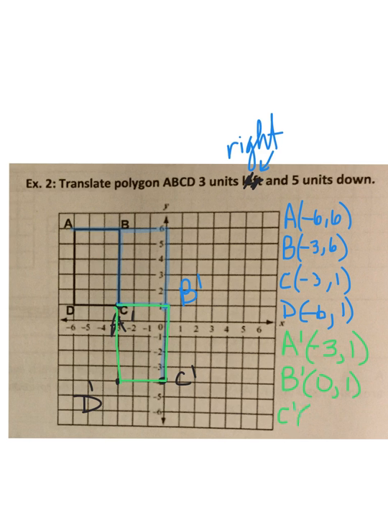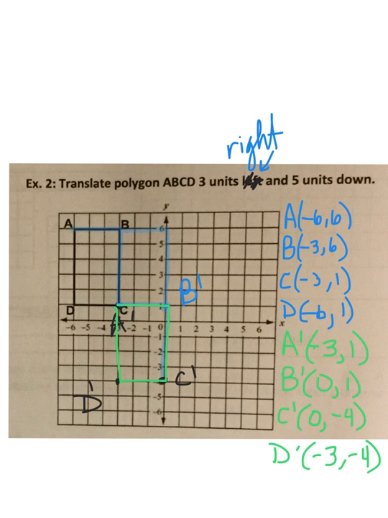C prime is the ordered pair 0, -4. And D prime is the ordered pair -3, -4.